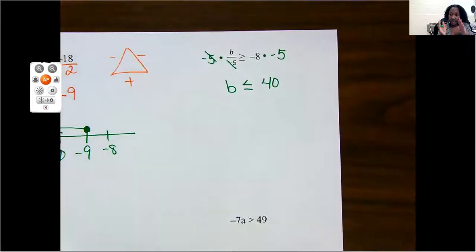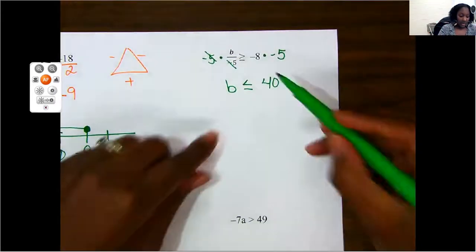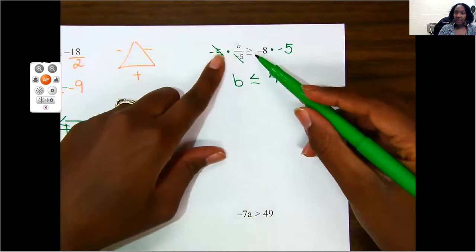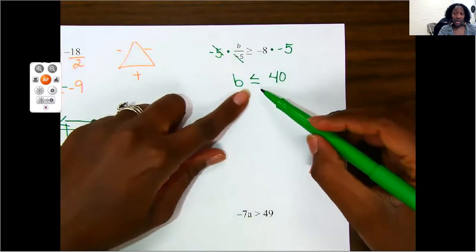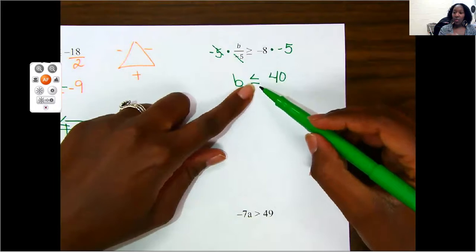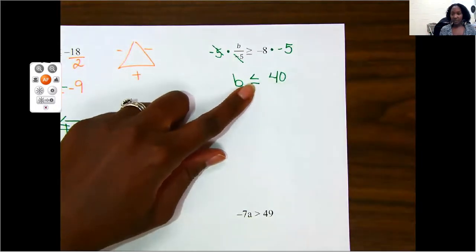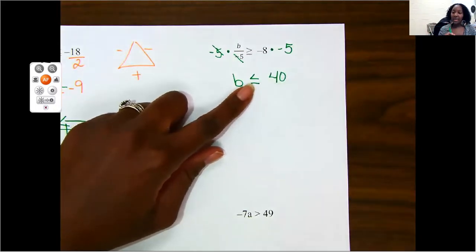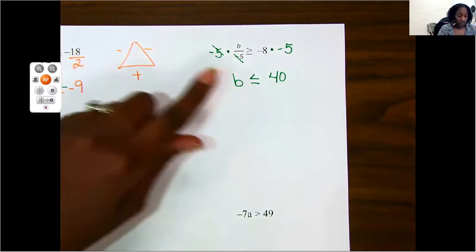So that way it keeps it the same, because it's facing this way because it was negative. But because my problem has now changed to a positive, I need to flip the sign so that it's still a true statement. This only happens if you multiply or divide by a negative number. So let's take a look.